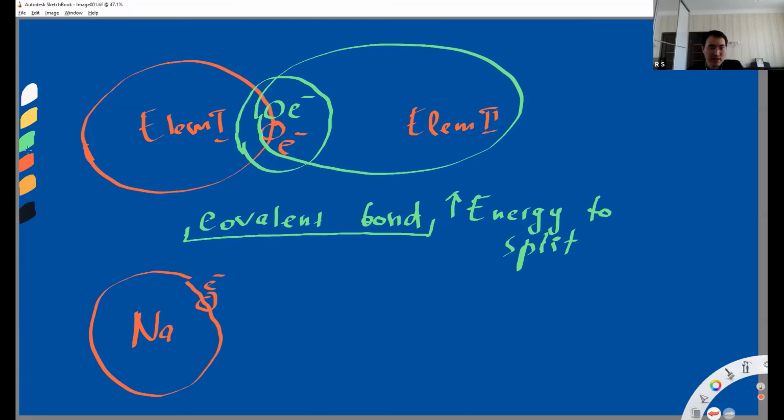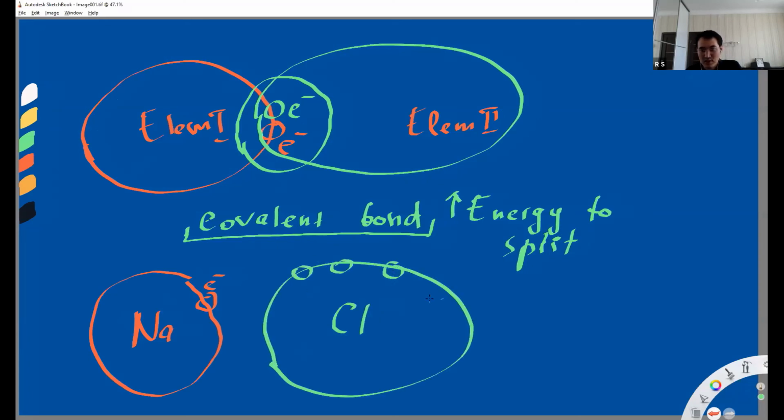And this guy is going to pair the chlorine, which has 7 electrons on the outer shell, and it pulls this electron here. So this electron comes from the sodium, and it starts kind of orbiting chlorine mostly. So this chlorine pulls the electron.